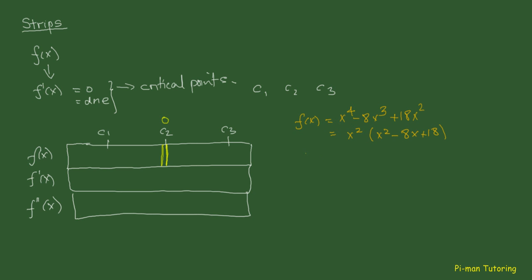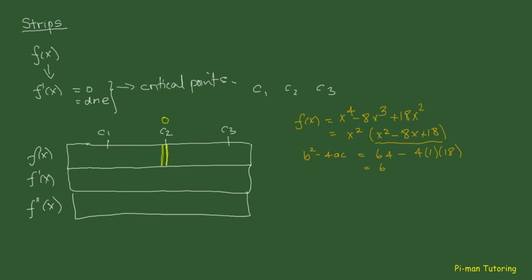And if we do look at the discriminant on the other part of this expression to see whether we have any other roots from this second part, b squared minus 4ac, so b squared would be 64 minus 4 lots of a is 1, c is 18.